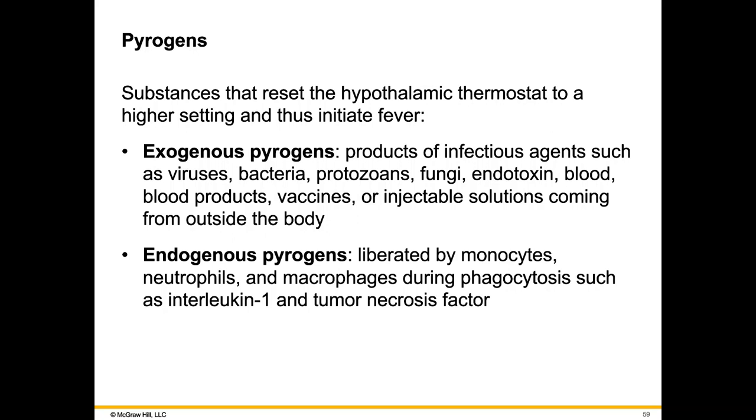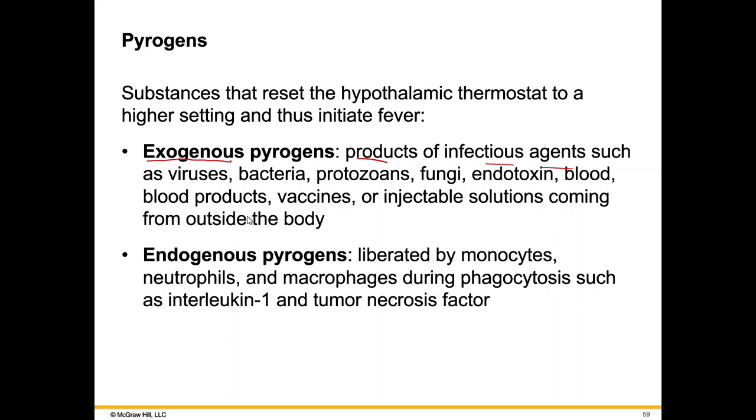Those pyrogens can be exogenous or endogenous. Exogenous pyrogens are products of infectious agents. The infectious agents are things like viruses, bacteria, protists, fungi, and endotoxins that can be produced by bacteria, and blood products, if you're given the wrong blood product.